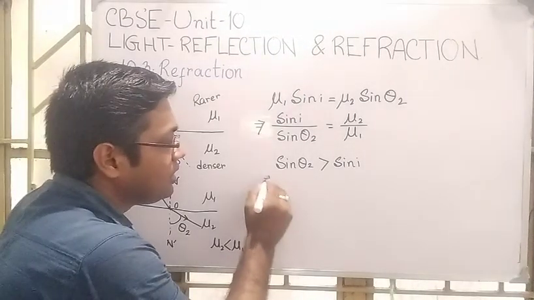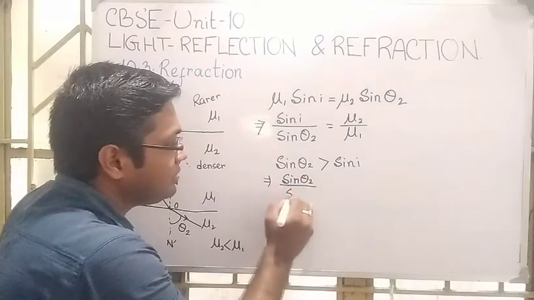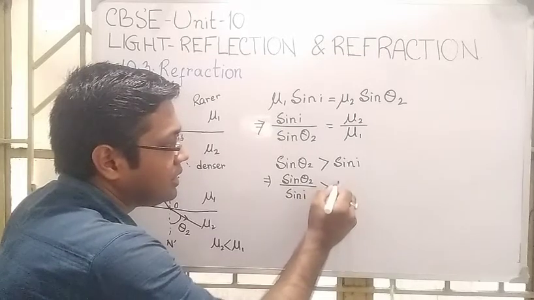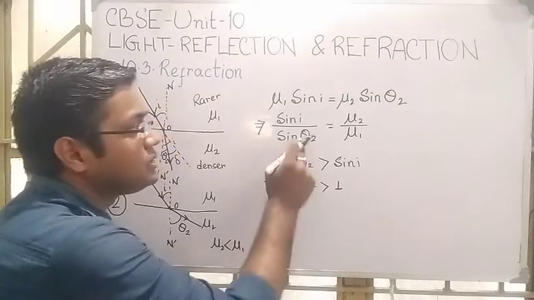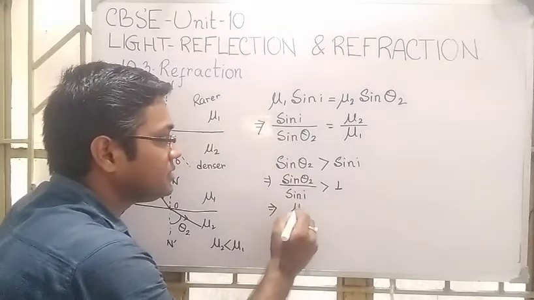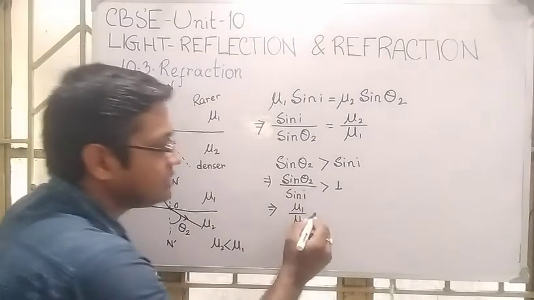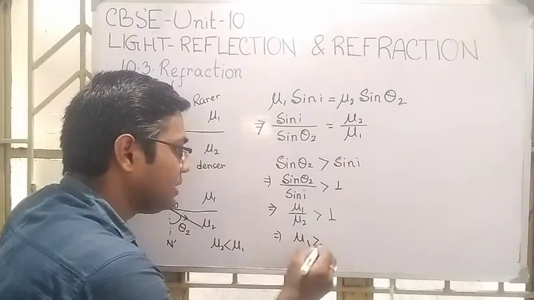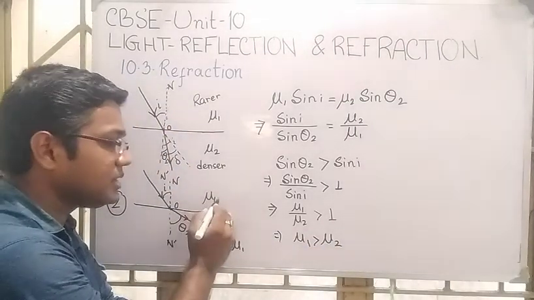So, sin theta 2 divided by sin i is greater than 1. Sin theta 2 by sin i means mu1 by mu2, that is greater than 1. So mu1 is greater than mu2.